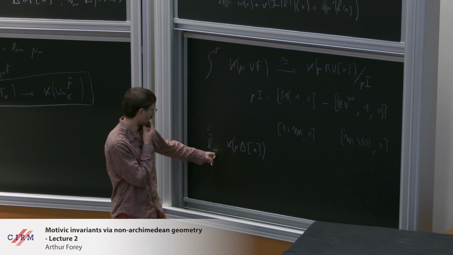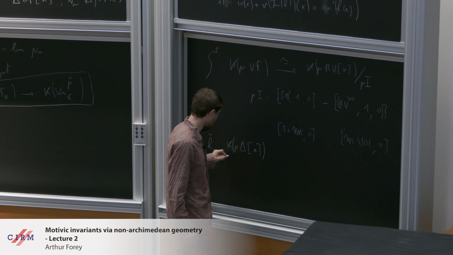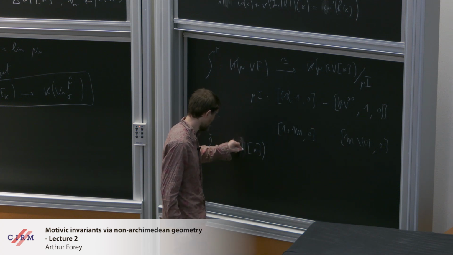So how do you get rid of this thing? Well, you choose some integer m, and then you define something. So if, well, sorry, it's gamma.